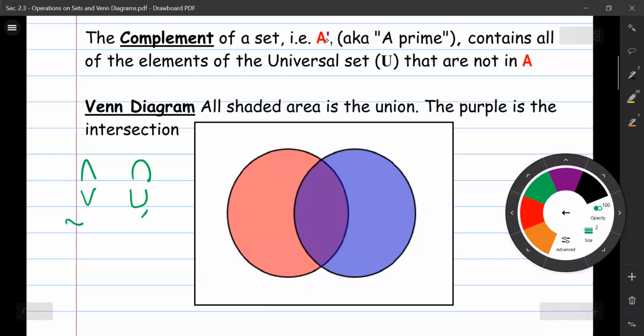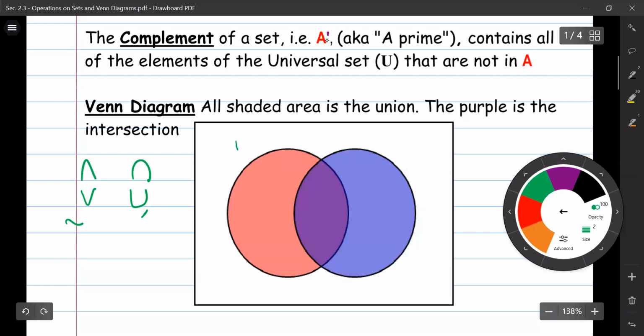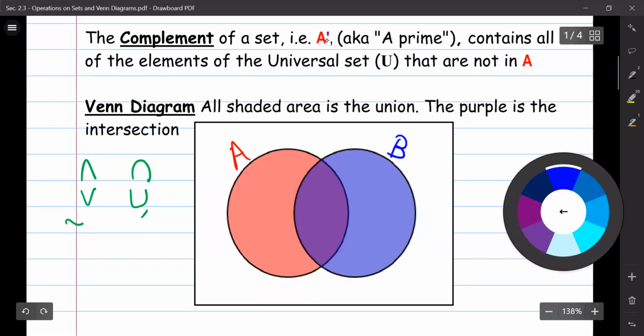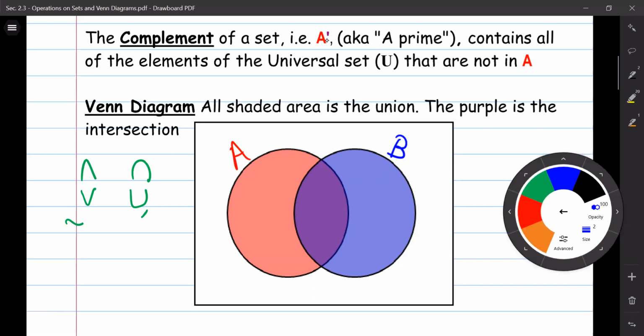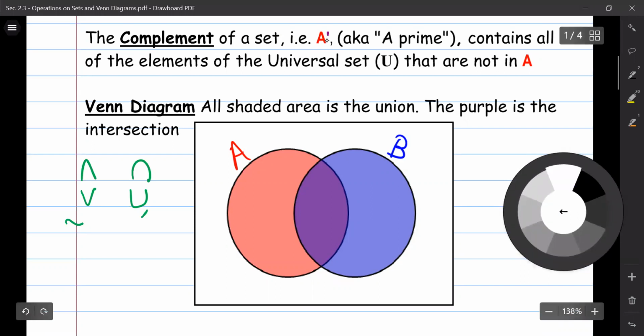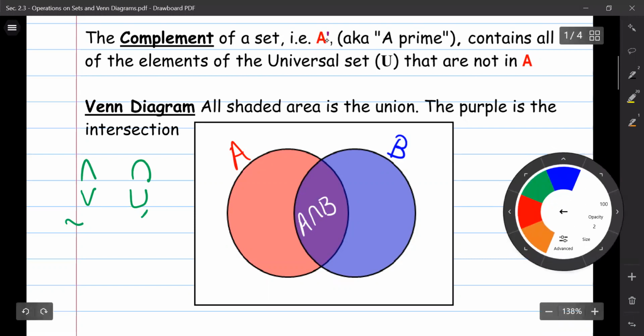All right, and so here's a Venn diagram. It's just a visual of how two sets are related to each other. This circle represents set A, and this circle represents set B. The part where they overlap, the purple part in the middle, that's the intersection of A and B. And then the whole shaded area is the union.